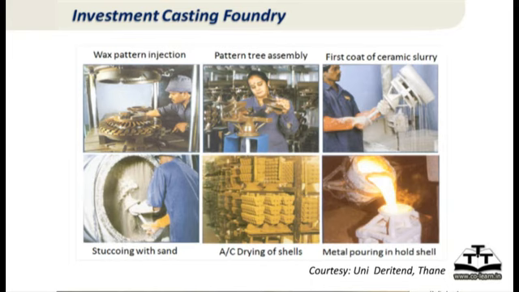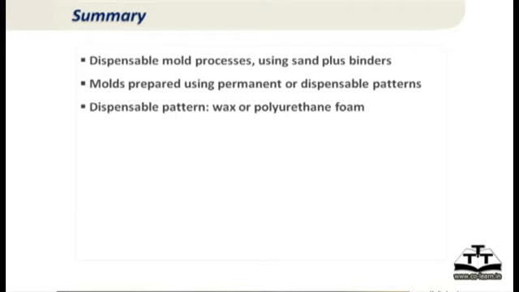To summarize, what we have learned in this lesson is that there are a variety of casting processes, which are either permanent mold processes or dispensable mold processes. In this lesson, we focused on dispensable mold processes, which themselves can be made using either a dispensable pattern or a permanent pattern.